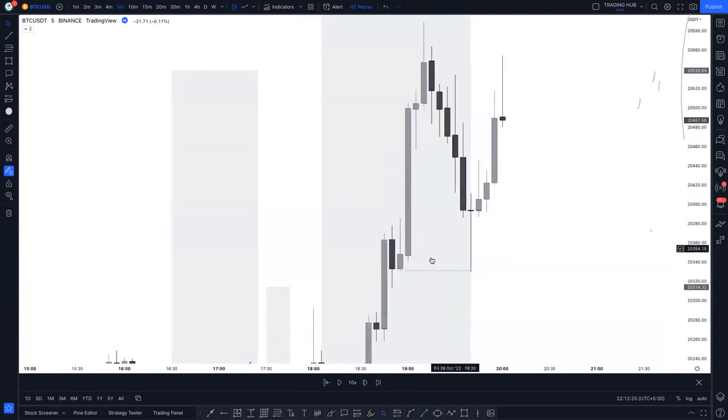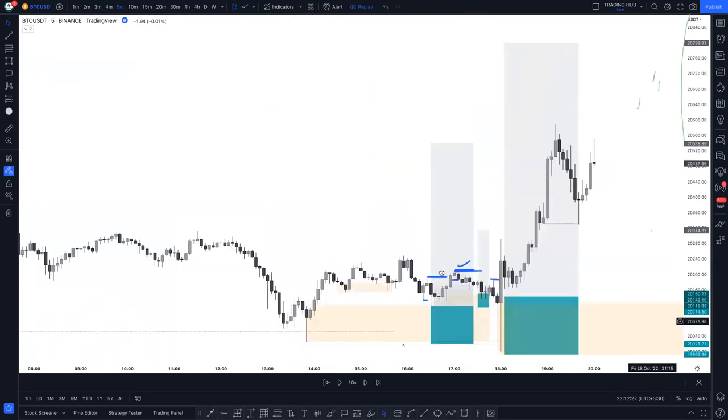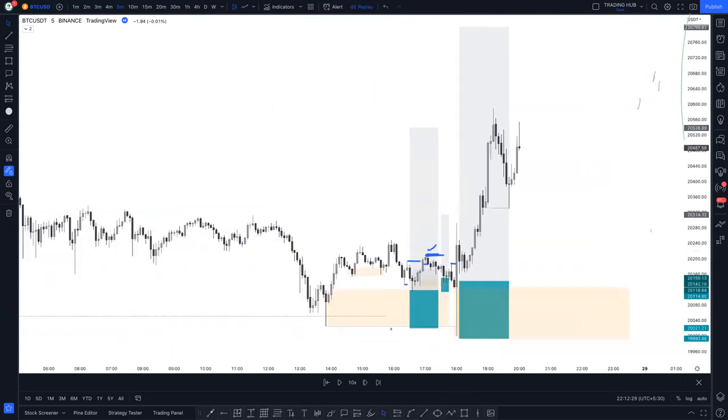Okay, yes, this order block has failed, but yeah, choch, I mean sweep, choch, and go higher, order block fails, and then buy. And the next entry area for the buy is here, right?